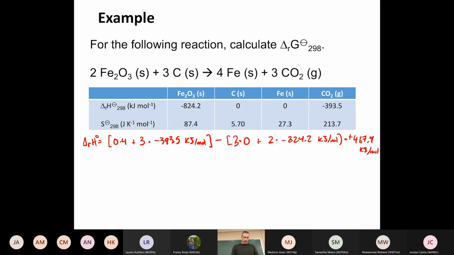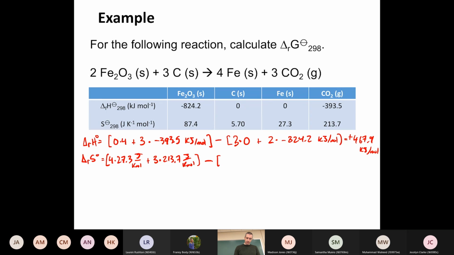Now we need to calculate the delta S of reaction at 298. And that's going to be the sum of the standard molar entropies for the products, which is for iron 4 times 27.3 joules per K mol, plus 3 times CO2. The value for CO2 is a lot larger than it is for iron because CO2 is a gas. 213.7 joules per K mol.